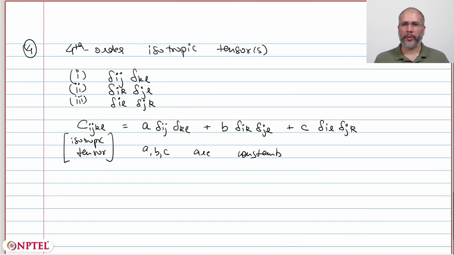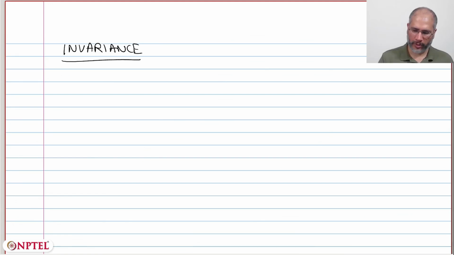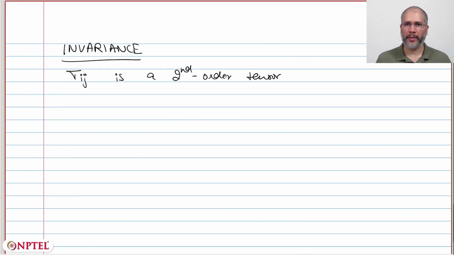So now that we have talked about isotropy of tensors, that is tensors which do not change as a result of an arbitrary rotational coordinate transformation, let us talk about a related idea that's called invariance. So let's say that sigma ij is a second order tensor and I define a quantity, let's call it R, as sigma ij times sigma ij.